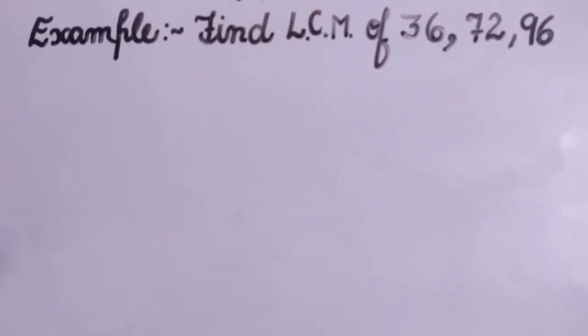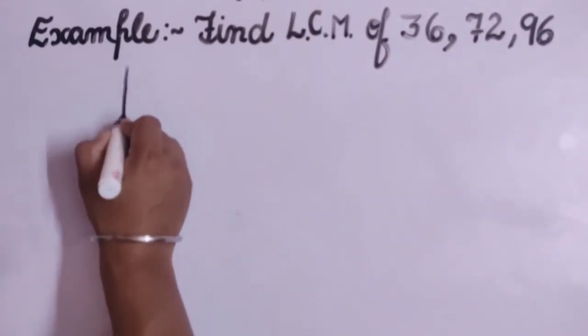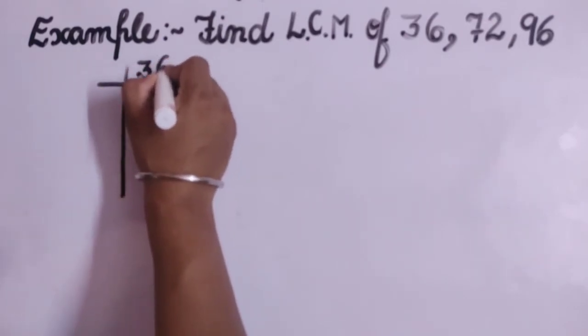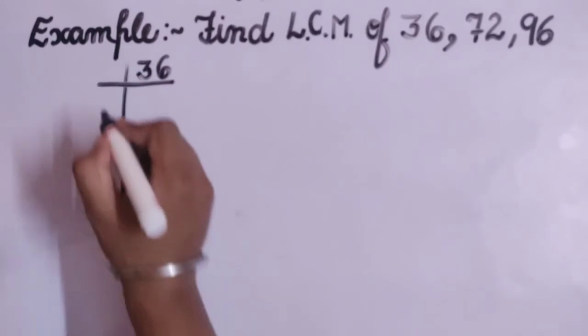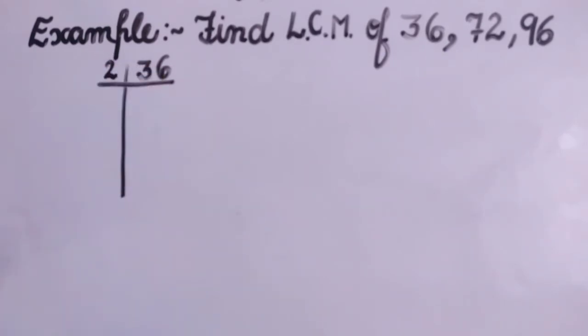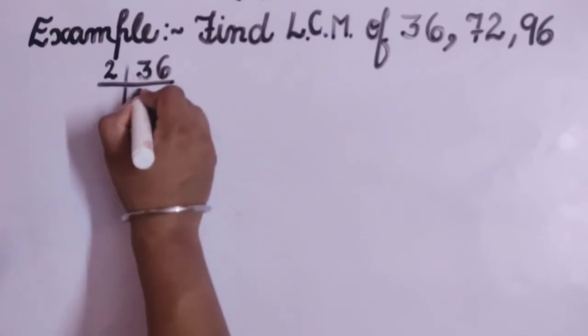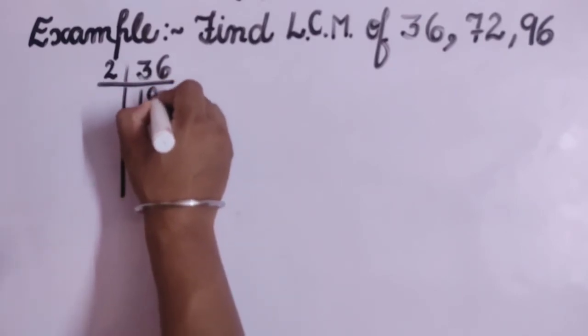So let's find out one by one. Firstly, we will find out of 36. Let's try to divide 36 by the smallest prime number, that is 2. When we will divide 36 by 2, we will get 18.